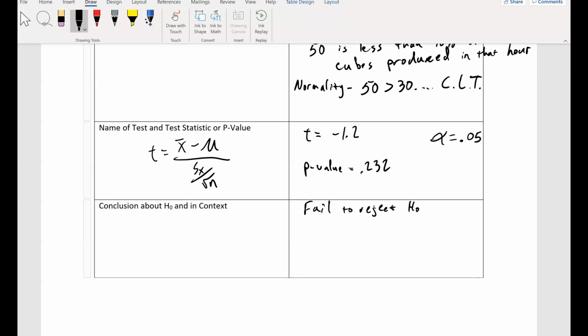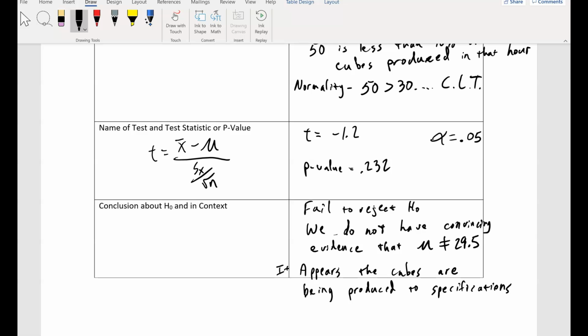So if we fail to reject H0, this means that you should immediately start with we do not have convincing evidence. Okay. We don't have evidence to contradict that. Right? So it appears the machine is working.